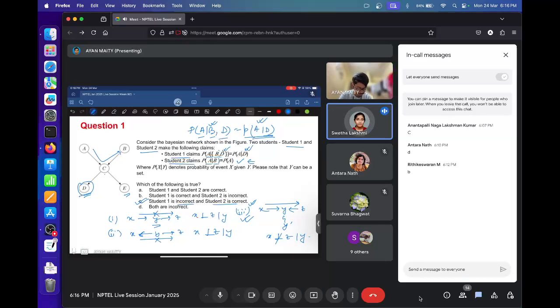You are finding the probability of A given B and D on the left side, and on the right side the probability of A given D. So D is known, and whether A is actually dependent on B or not, if B is dependent on D, then if we know D alone, we will be knowing A.